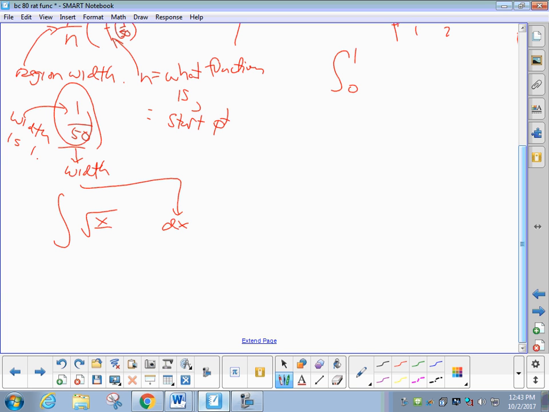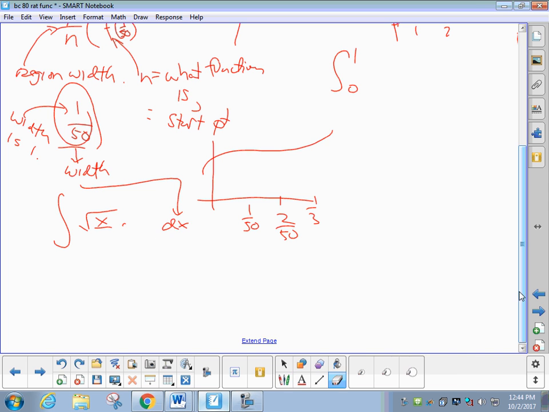Now I understand if you think it's got to be x over 50, no. We talked about the width of each region. It's just straight up 1/50th into the function, 2/50ths into the function, 3/50ths into the function. So what's the function then? It's just straight up root x. Okay? Now, I know I'm rushing this, and you might still not be totally locked in, and we will practice it some more, but that's at least the start.